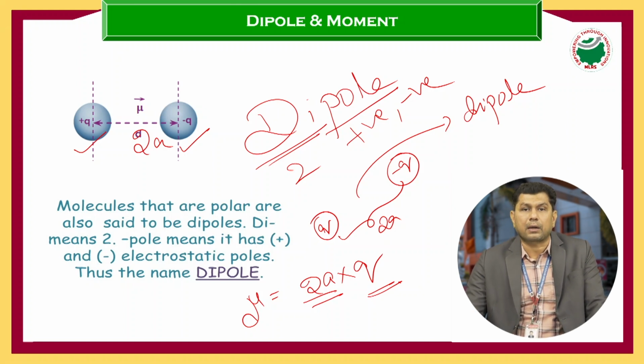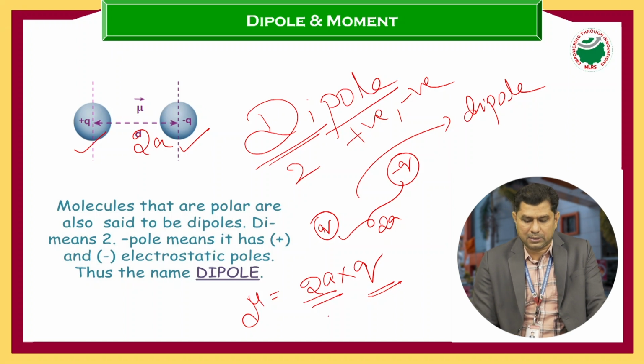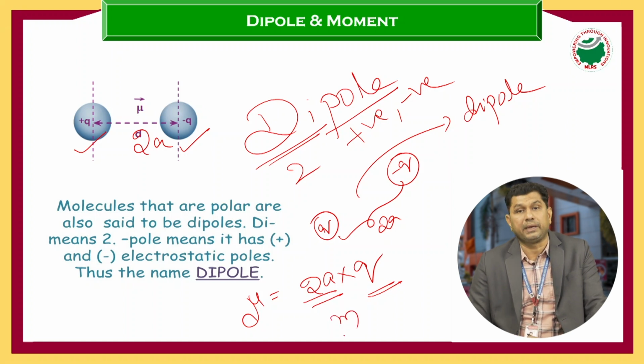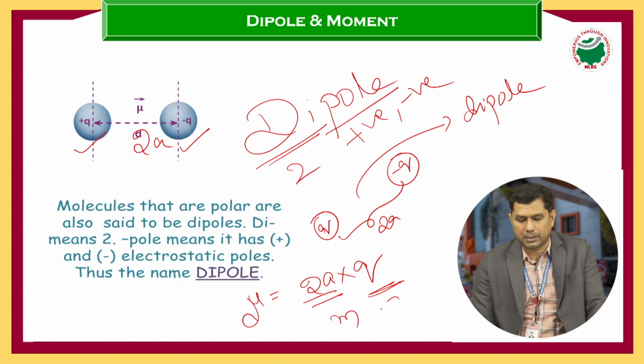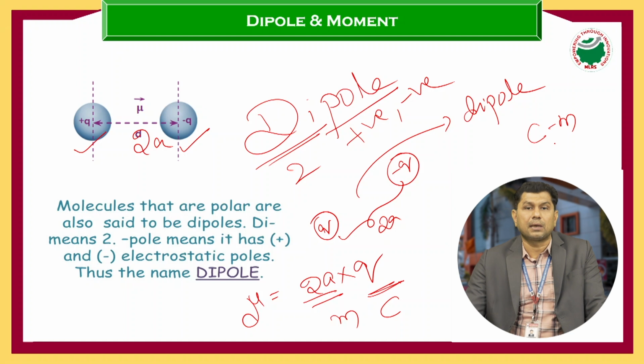It is the product of charge and the distance between the charges. What are the units? Distance is measured in meters and charge is measured in coulombs, so coulomb meter is the unit of dipole moment.